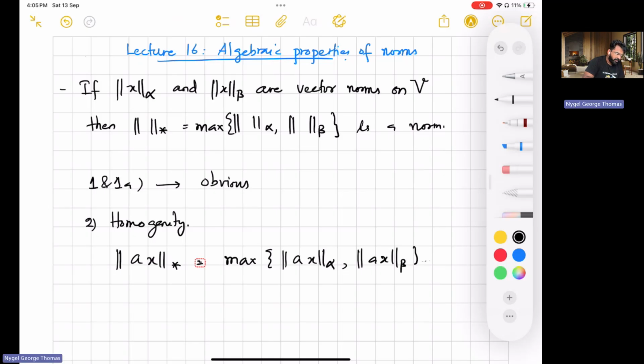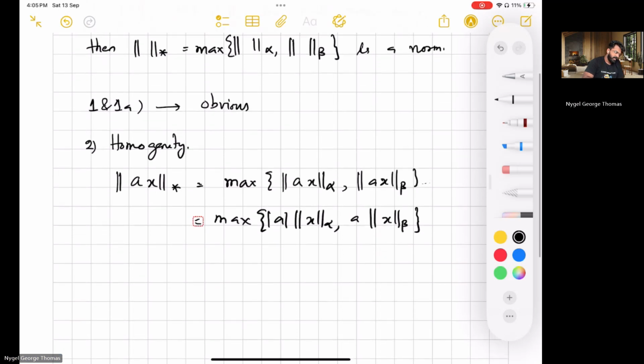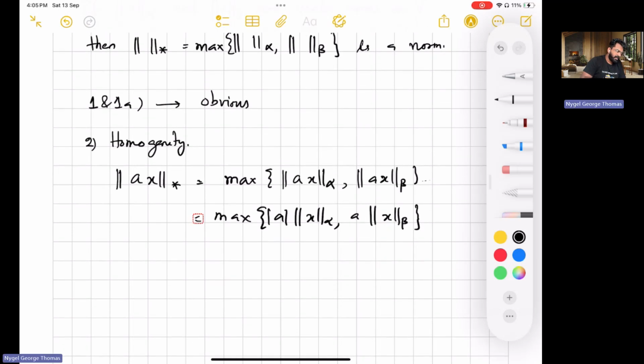We already know by homogeneity this will be the max of modulus of a times the alpha norm of x, comma, modulus of a times the beta norm of x.